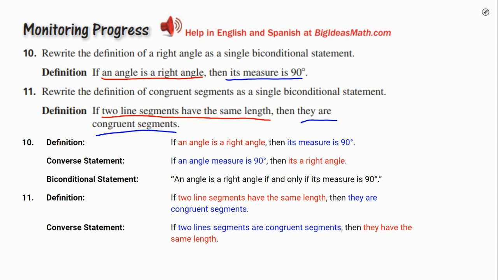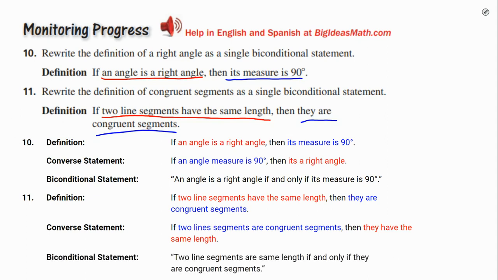Again, we just swapped around the hypothesis and conclusion. And because both of those are in fact true, we can write it as a biconditional statement including if and only if. So two line segments are the same length if and only if they are congruent segments. That's how you're able to write a biconditional statement from these.